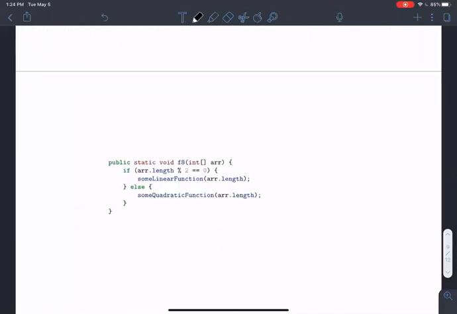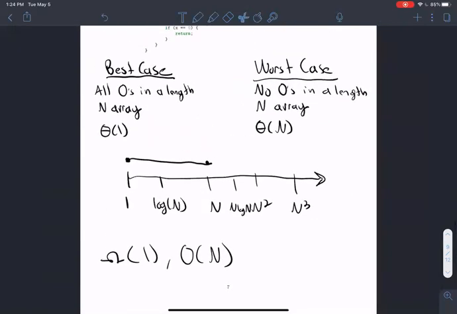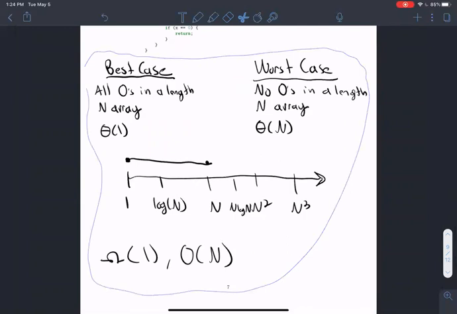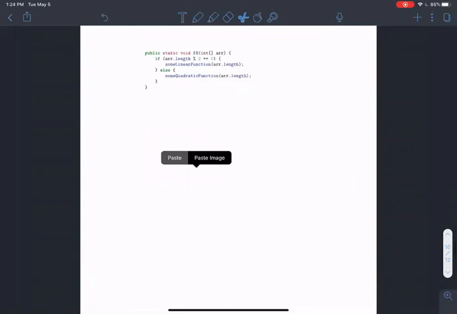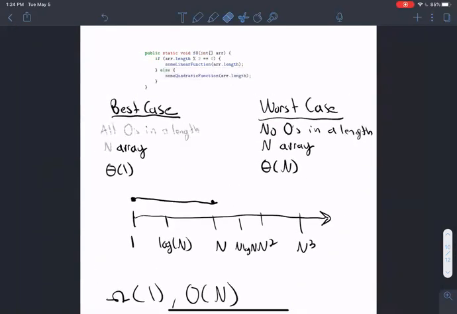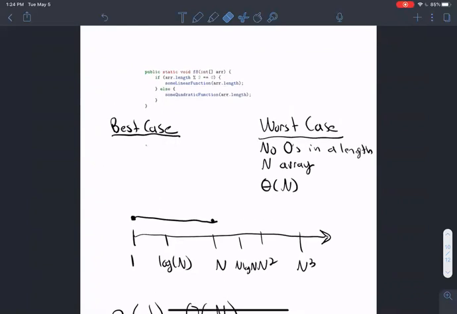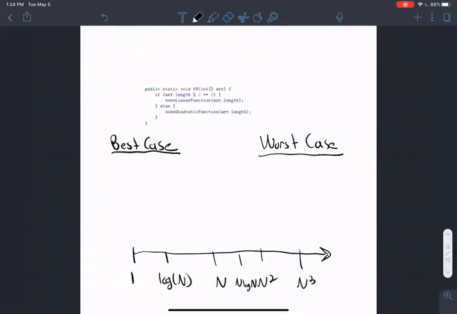Okay, so here again, I'm going to copy most of this because we can use it as a template. So again, we're given an array, and we're going to do the same thing where we have n as the length of that array, and we want to know the best case and the worst case.